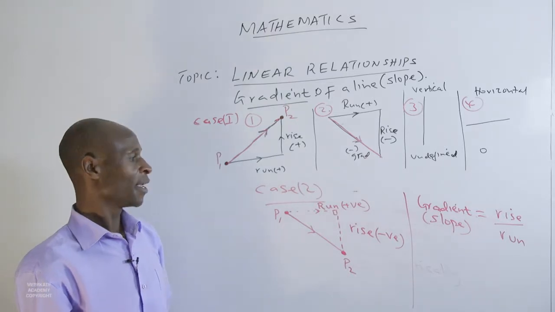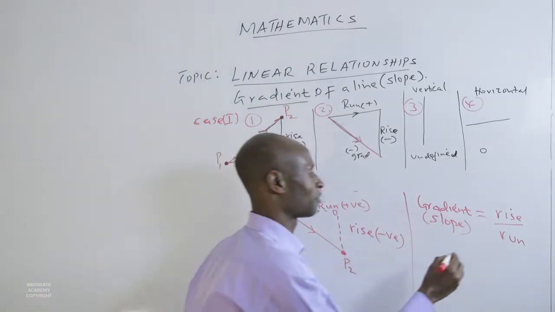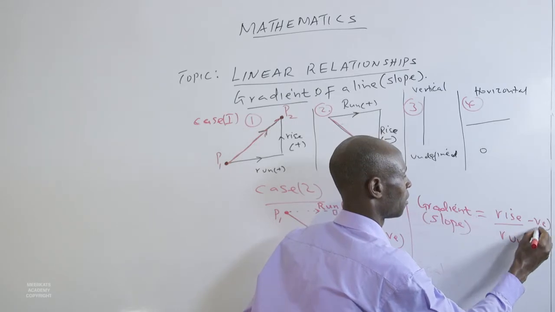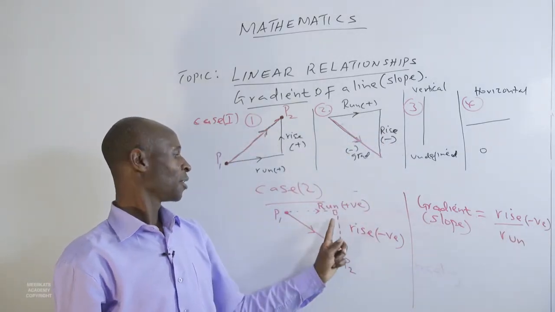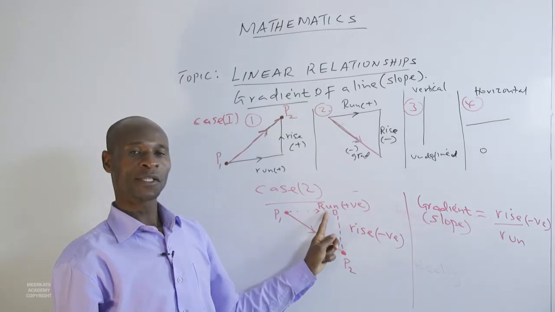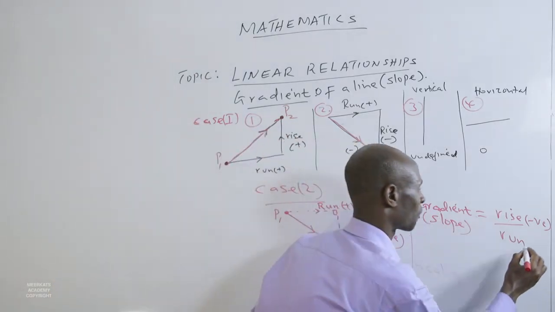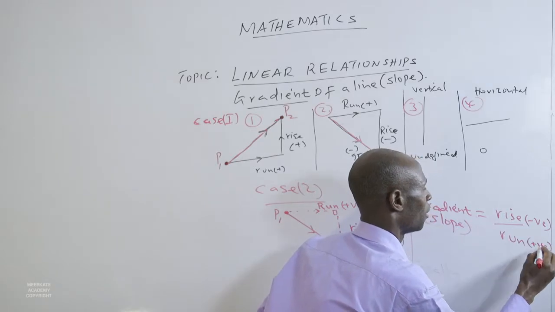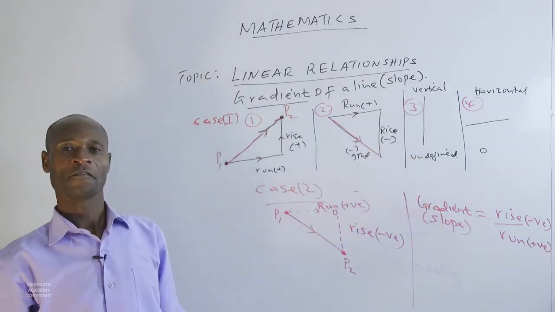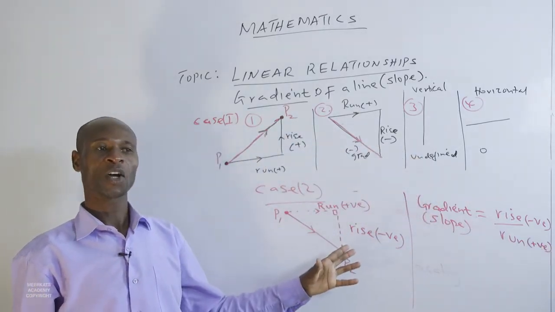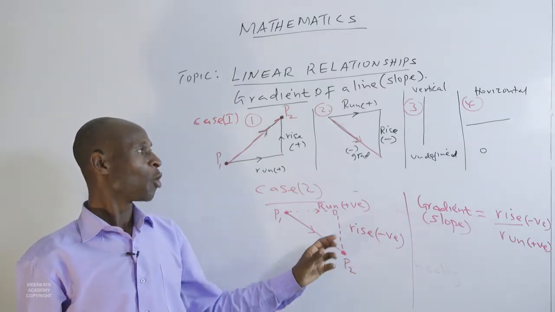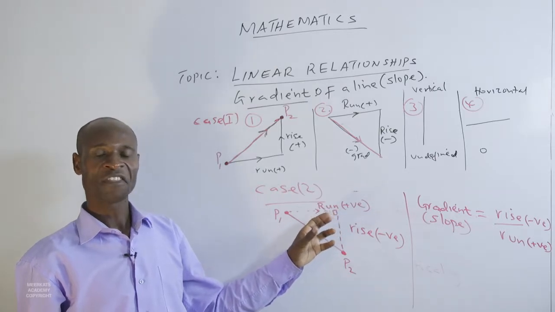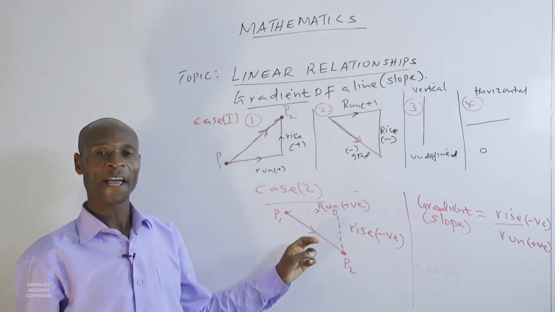In our case, the rise is negative, while the run is always considered positive. So it is important for us to understand the sign convention so that we can understand the nature of the gradient for each specific line.